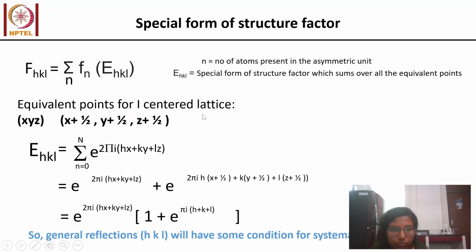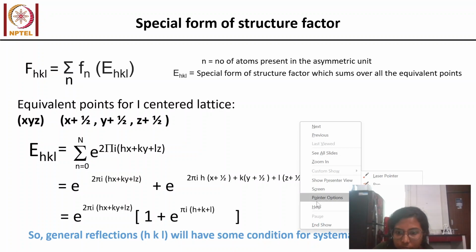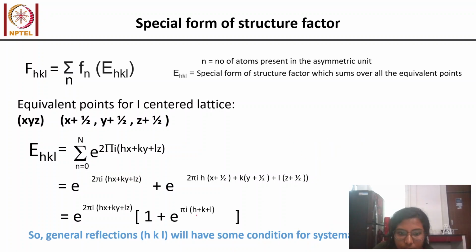we are talking about the body centered lattice. For this lattice, this h plus k plus l condition will give some condition for systematic absences. Let us see what the conditions are. For h plus k plus l there are only two possibilities.